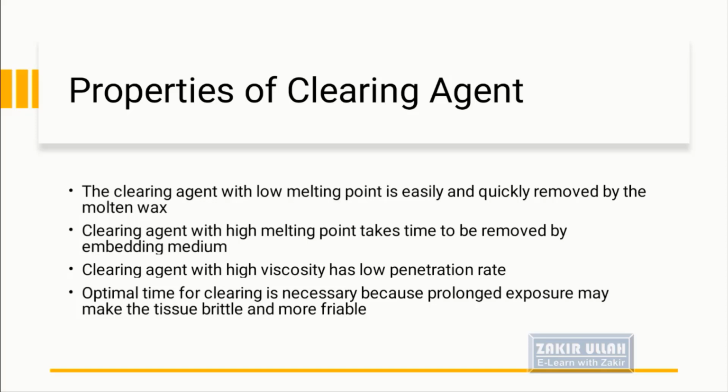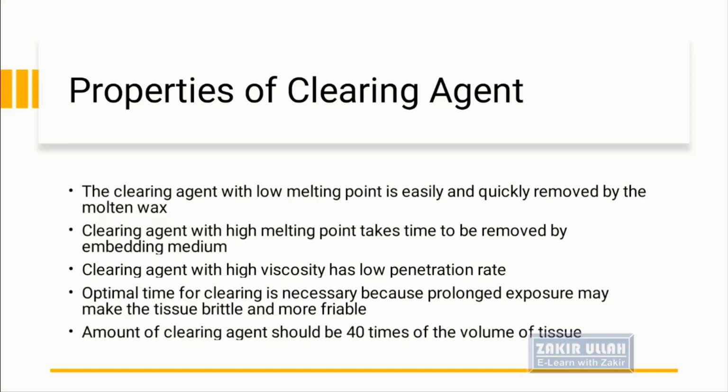The optimum time for clearing a tissue is important, because if we leave the tissue for a prolonged time, the tissue may become brittle and easily broken, or more friable. The amount of clearing agent should be 40 times the volume of the tissue.